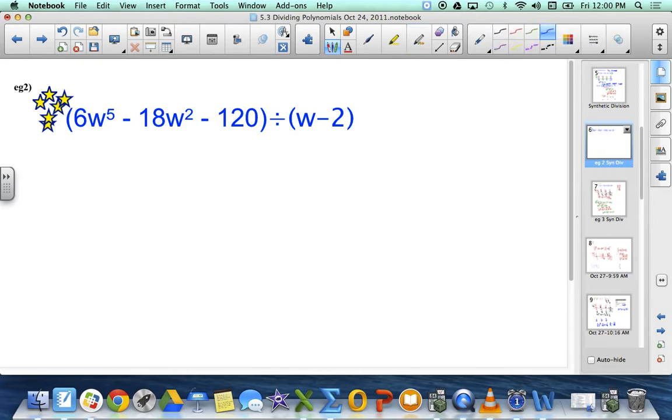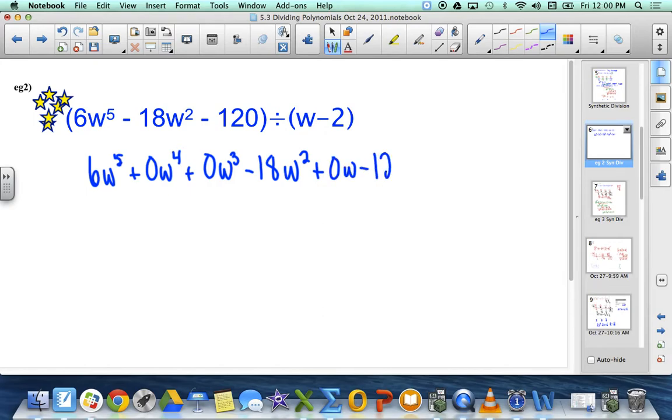This problem is really 6w to the 5th plus 0w to the 4th plus 0w to the 3rd minus 18w squared plus 0w minus 120 divided by w minus 2.